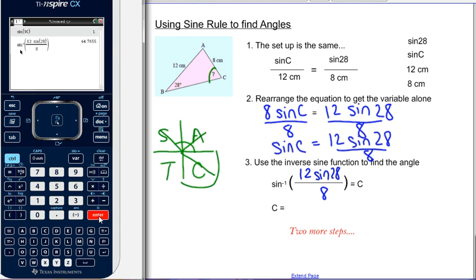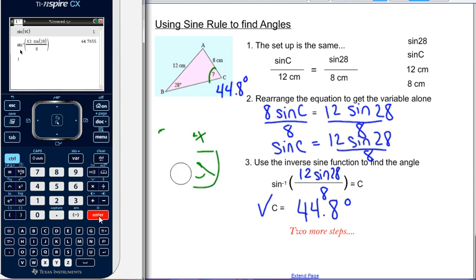Okay, and we've got about 44.8 degrees. So really what we've calculated there is alpha. So for sure one of our solutions can be 44.8 degrees.